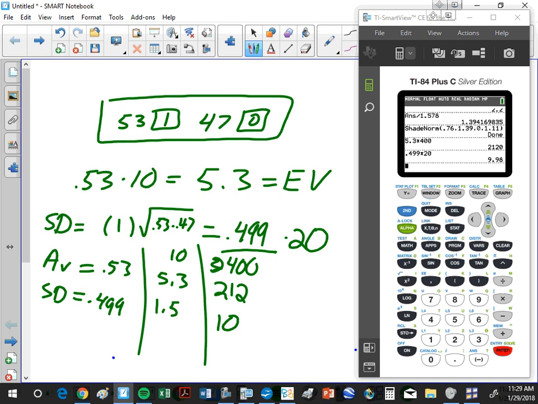Right. The average of the box and the SD never change. But if you draw a different amount of times, you're going to get a unique expected value and a unique SE. So the SE is tailored to that many draws.